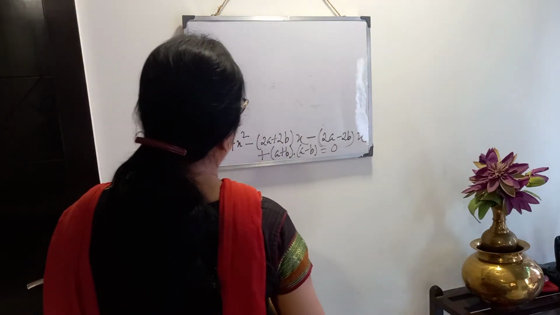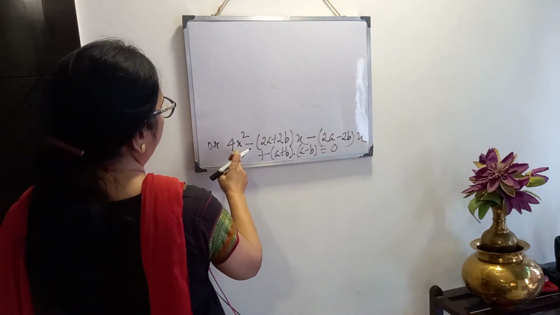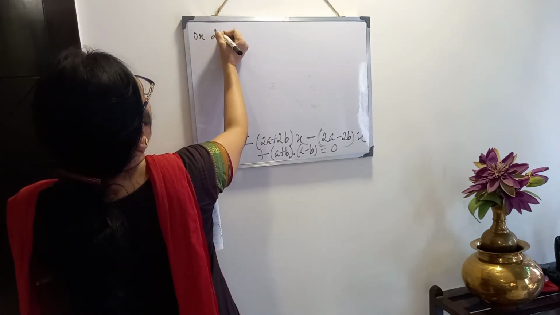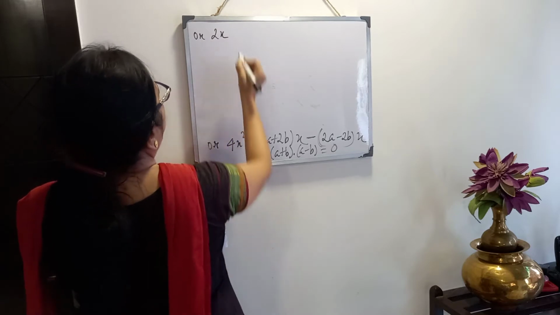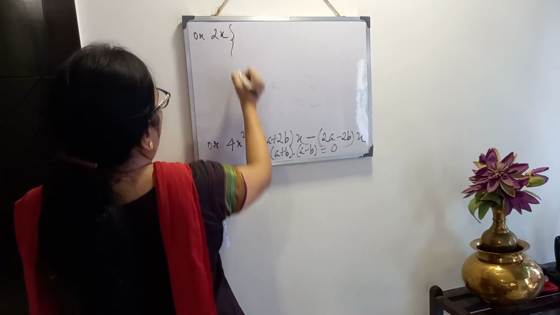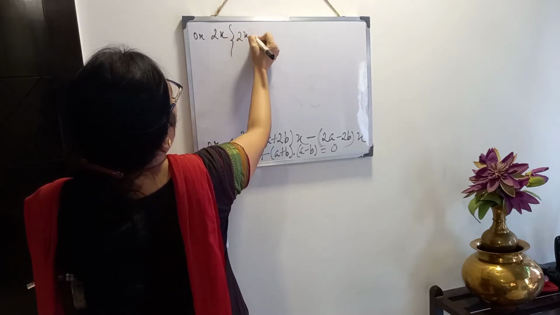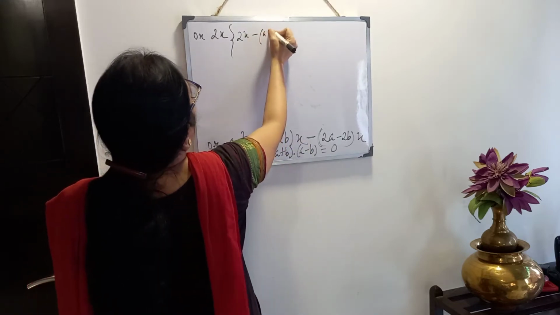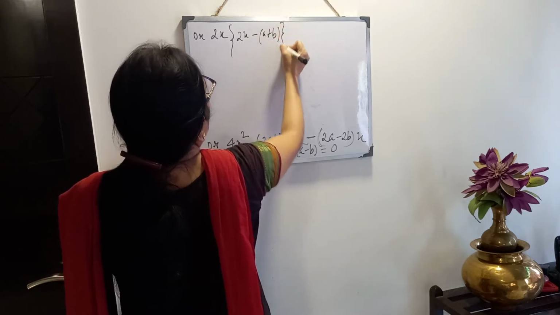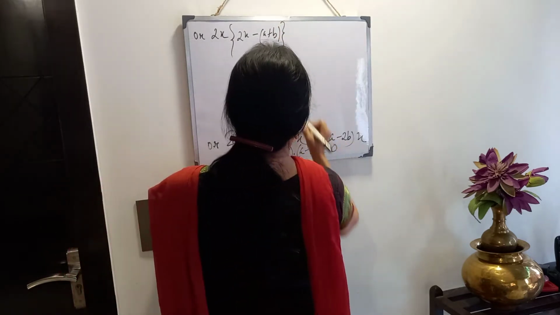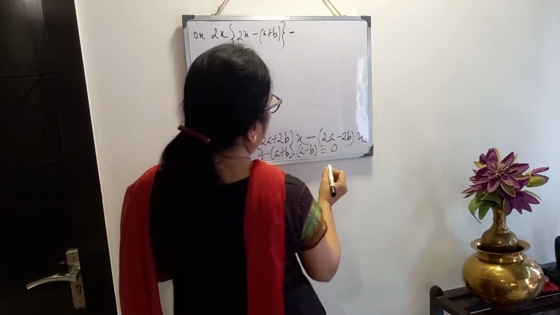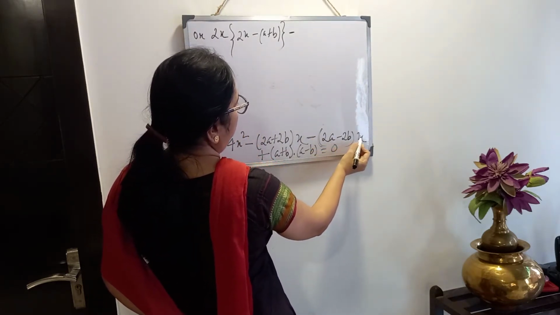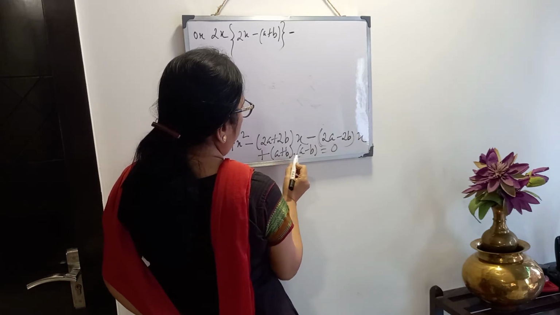How much can you take common? 2 is there and 4x square, so we can take 2x common. So it becomes 2x minus 2 I have taken common, x I have taken common, minus a plus b. Okay, and from here minus, you see, if I take 2 outside, then it will be a minus b x, and there is a plus b, a minus b.